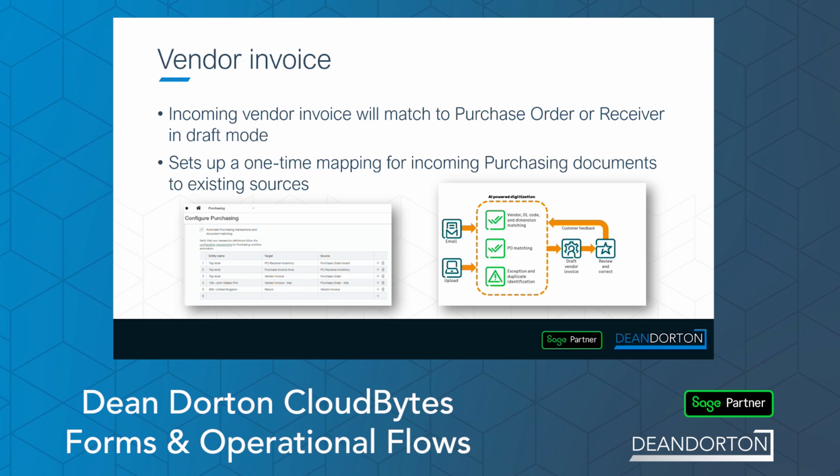Now, what are we talking about here? Well, this is getting into the full three-way match process where you've got a purchase order and a purchase receiver, and then you're going to try to come in and do a match with a vendor invoice. Prior to this release, the only general availability for the AP automation was in the AP bill screen. It didn't reach back into purchasing.